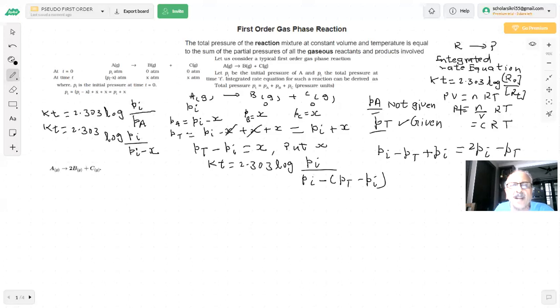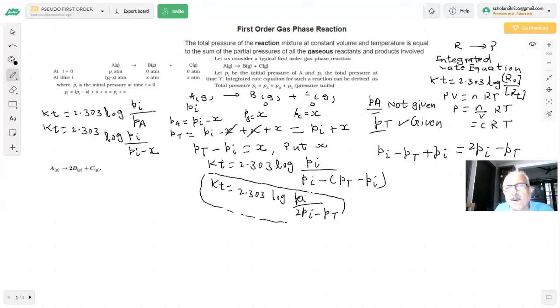So the final formula you get is Kt is equal to 2.303 log of Pi divided by 2Pi minus Pt. This is the important formula which I will be using in the numericals. Note it down. Very, very important formula. I've derived this formula. The question given in the exam says: derive the first order gas phase reaction formula.